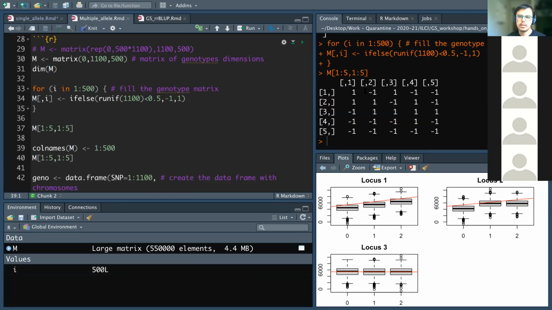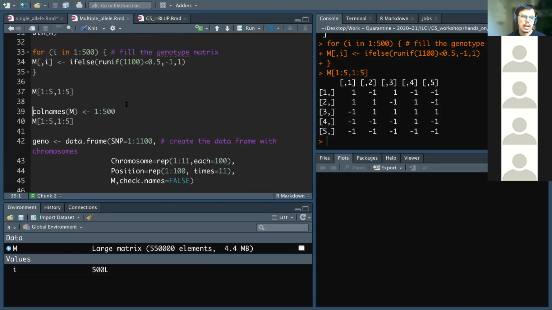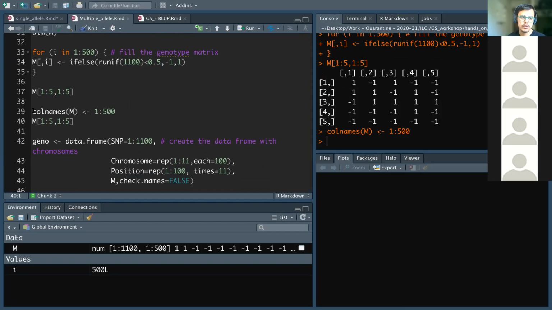As you can see here, now we have a matrix that was just zeros, and I filled that matrix with positive ones and negative ones that again represent the genotypes that we are going to use in the analysis. And we're going to put some names in the columns of that matrix.